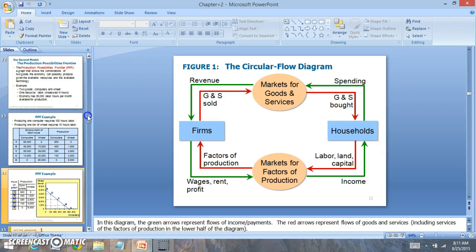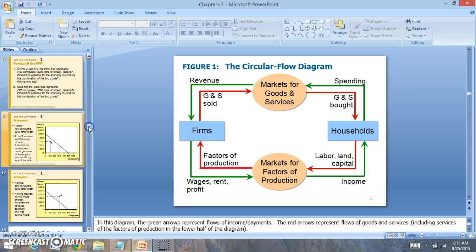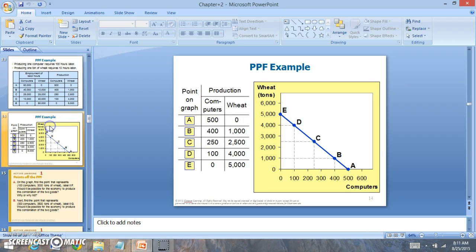The next thing we want to focus on, in a very important graph, is the production possibility frontier. The production possibility frontier looks at an economy or a firm and how they utilize their scarce resources. If you look at this graph, this firm is focused on producing either wheat or computers. If they put all of their resources into wheat, they can only produce 5,000 tons of wheat.